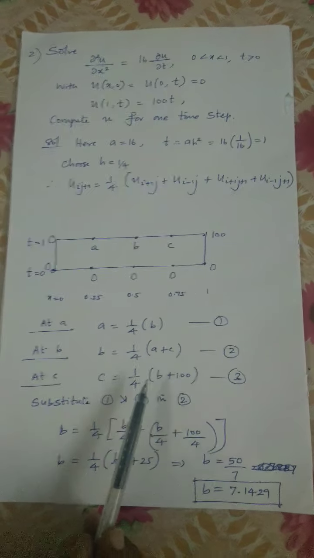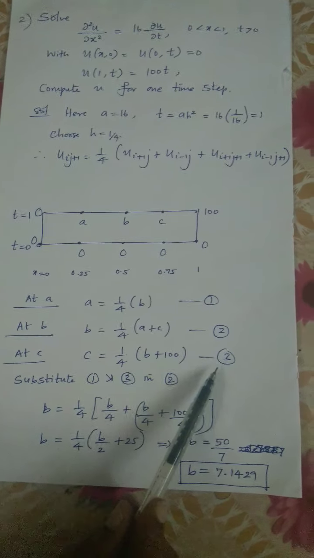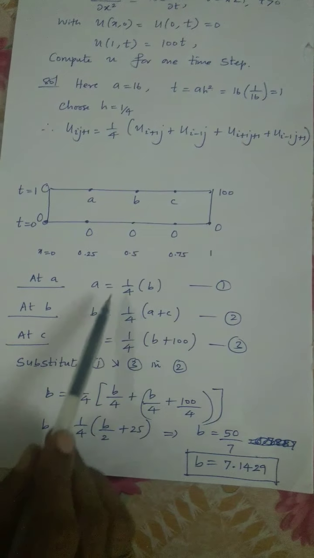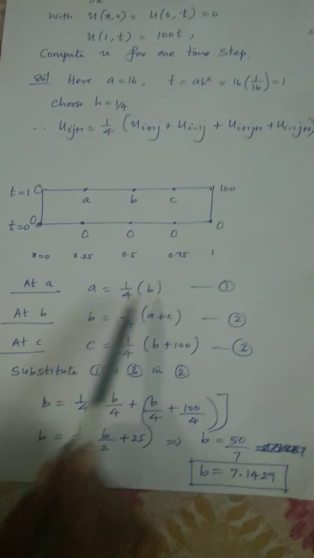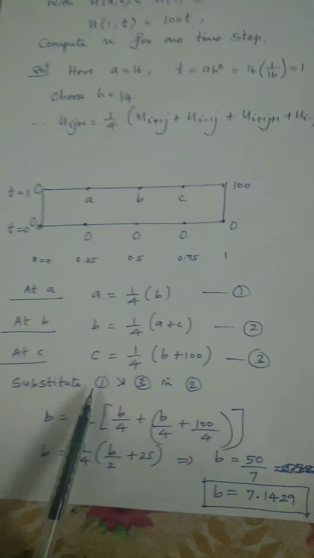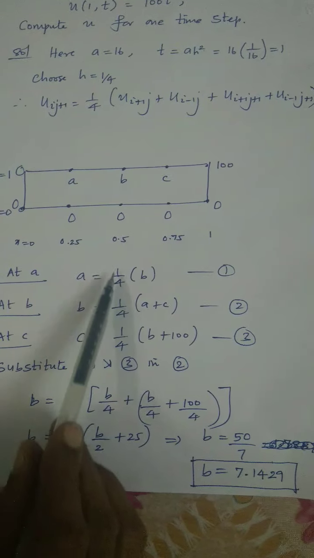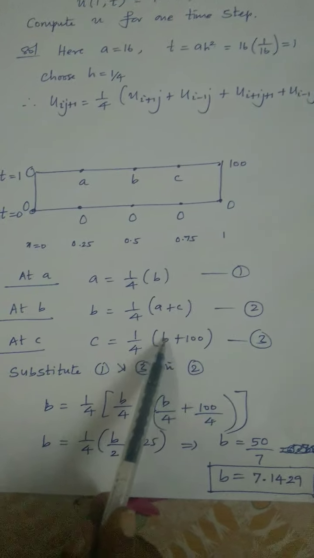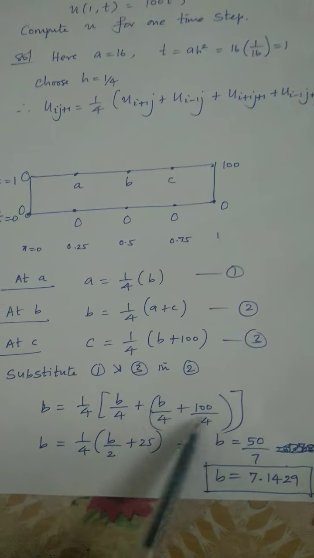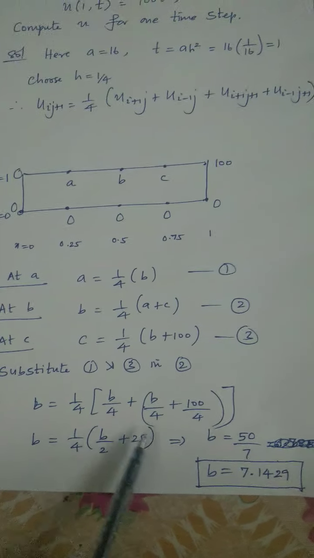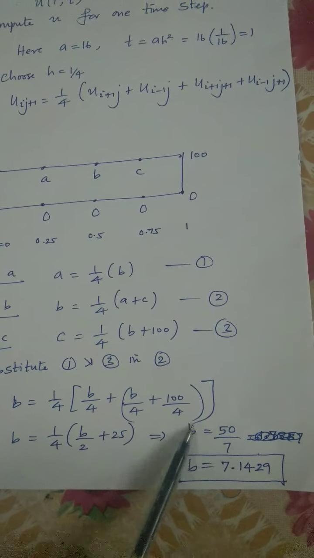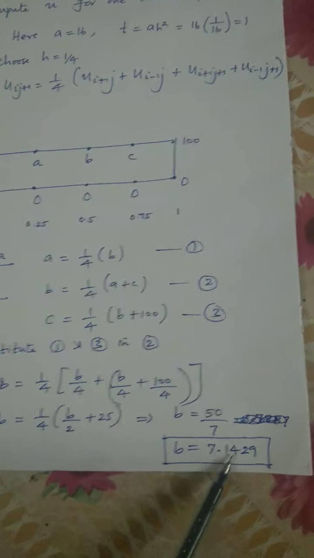Now take equations 1 and 3 and substitute in the middle equation. Why? Because A is in terms of B, and C is in terms of B. If I substitute, you will get B equals 1/4 of (A plus C), so B by 4 plus 100. I am dividing separately. On simplification, you will get the numerical value B as 7.1429.